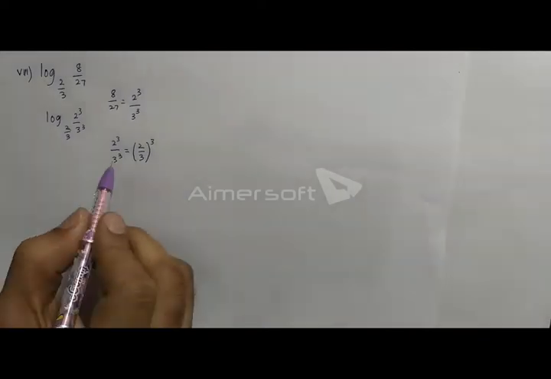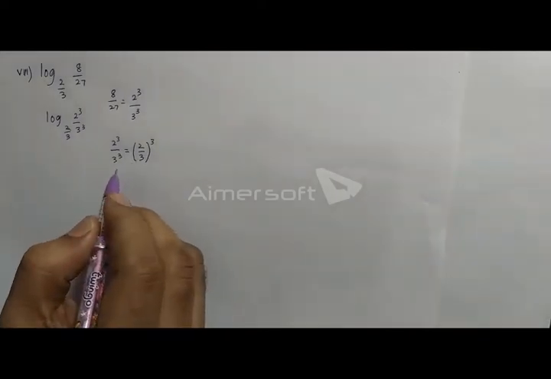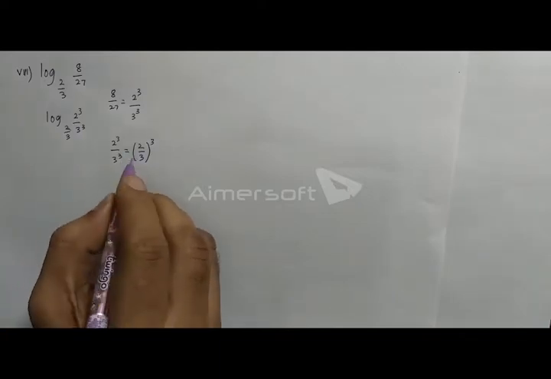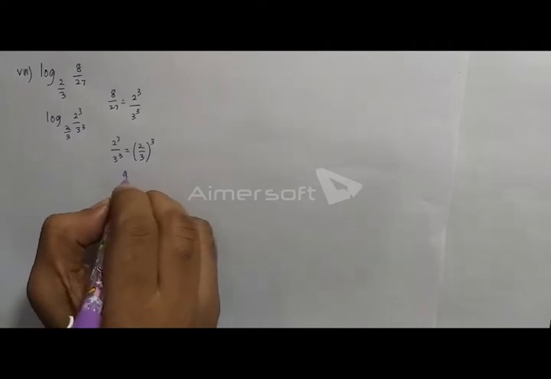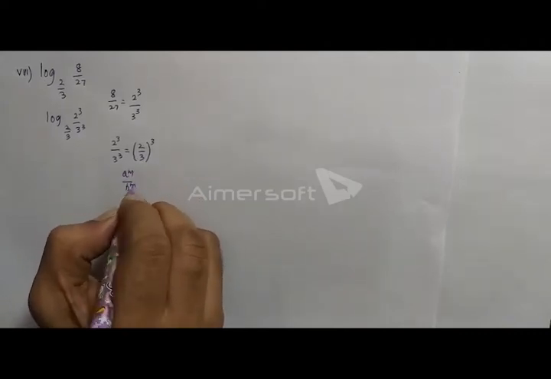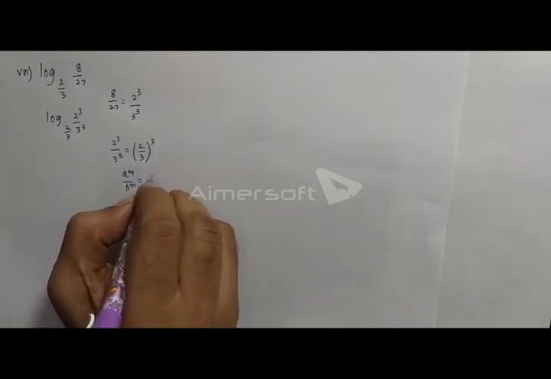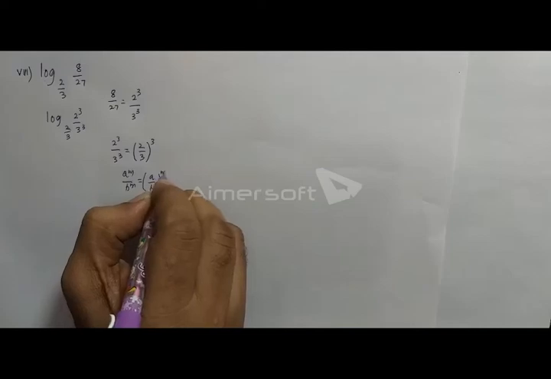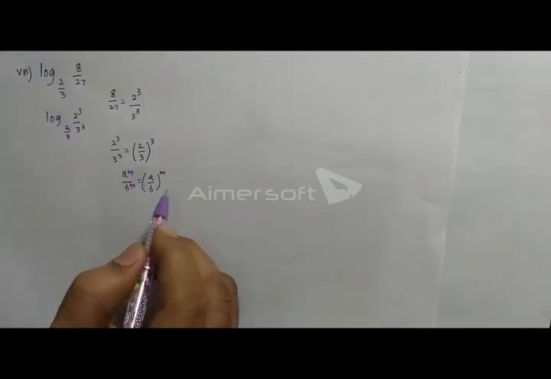Yes, we can write as per the formula a power m by b power m is equal to a by b whole power m. We can write 2 cube by 3 cube as 2 by 3 whole cube.